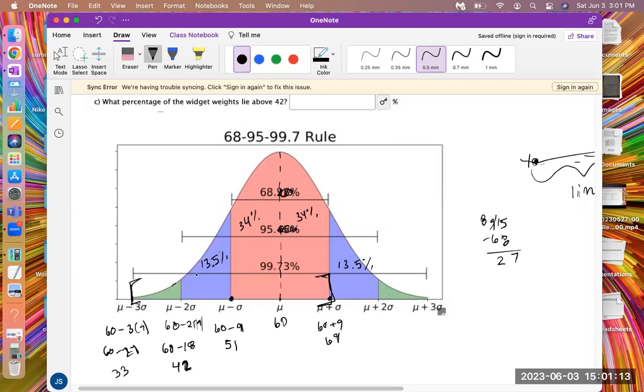Then we also know that 99.7% of the data is in the blue and red regions and the green regions. So if I take 99.7 and take away the blue and red regions, that'll give me the green regions.